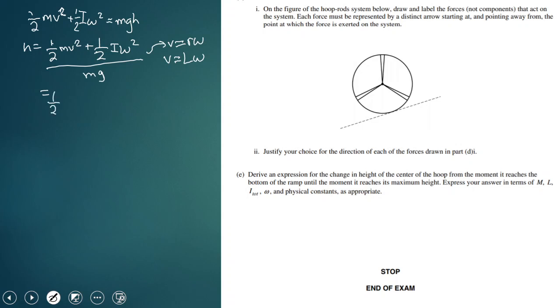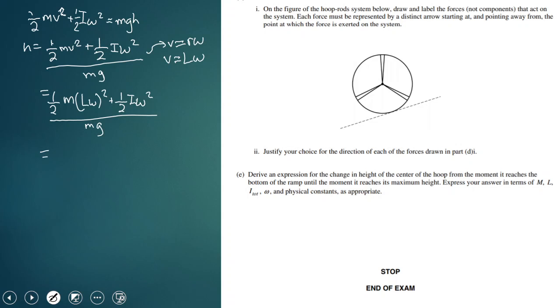So I get 1/2, this time this would be capital M. I'll leave it m for now, but I will convert it to capital M afterwards. And then this is L omega squared plus 1/2 I omega squared over mg.